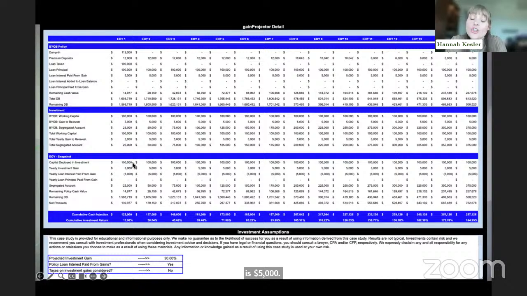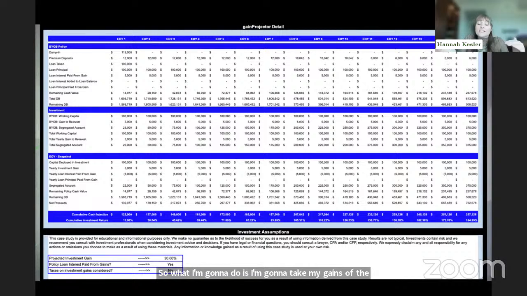So what I'm going to do is take my gains of the 30,000, and of that, I'm going to subtract 5%, and I'm going to go and pay my loan interest to the insurance company. So my net profits for year one is 25,000.